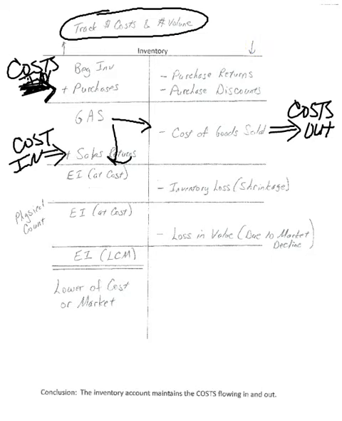Okay, and then also I want to point out when we cost these goods, the cost of goods sold, we are applying costs at either a LIFO or a FIFO or a weighted average basis. So when we say cost, it's a LIFO cost, a FIFO cost, or a weighted average cost. So we allocate goods available for sale on a LIFO, FIFO, or weighted average basis to the goods sold or what's left in ending inventory.